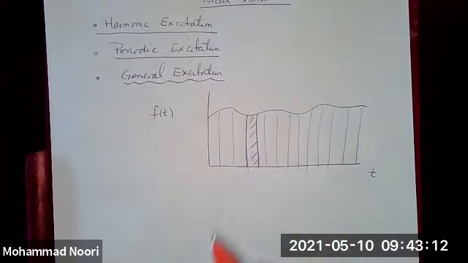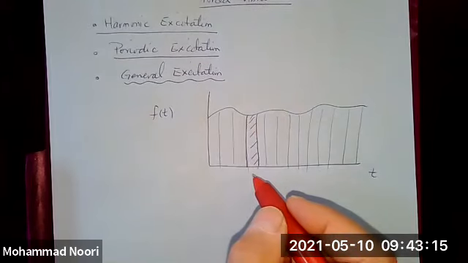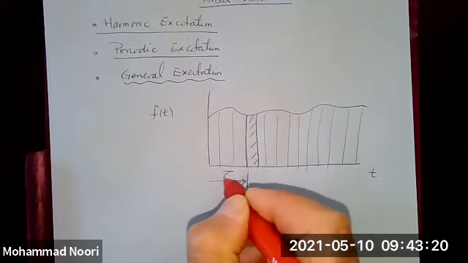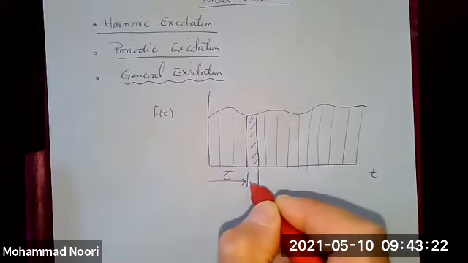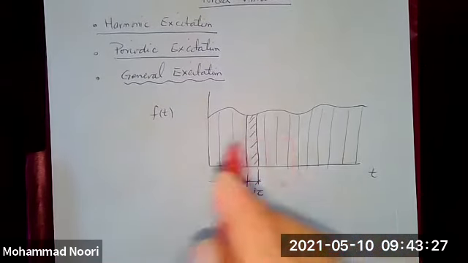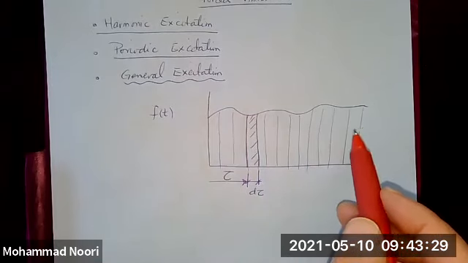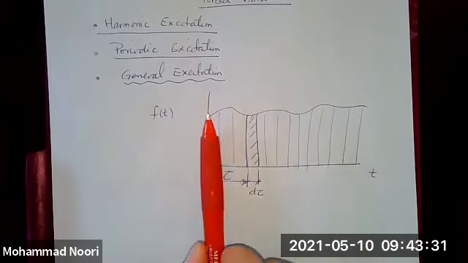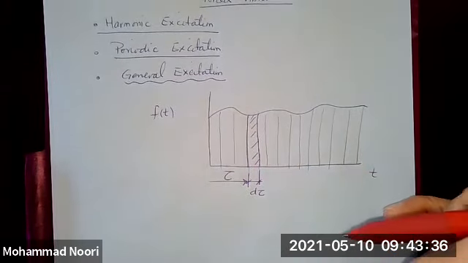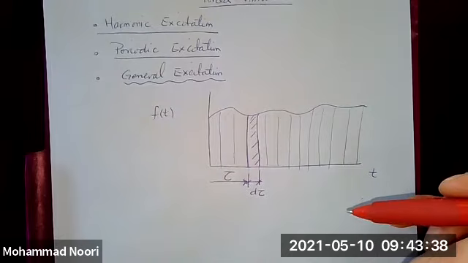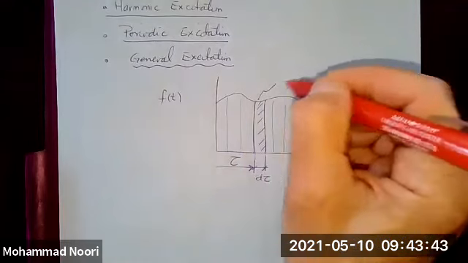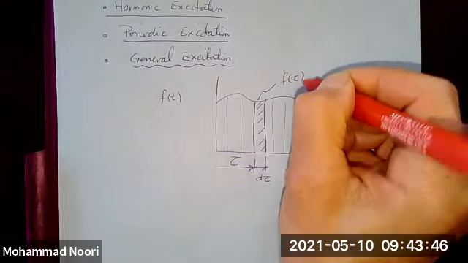Let's say you consider this forcing function at an arbitrary time tau, and you look at this function being made of basically an infinite sum of these divisions.